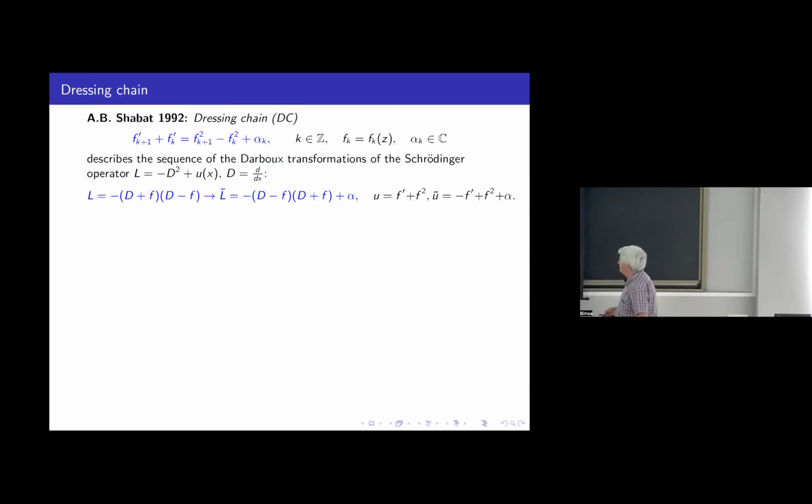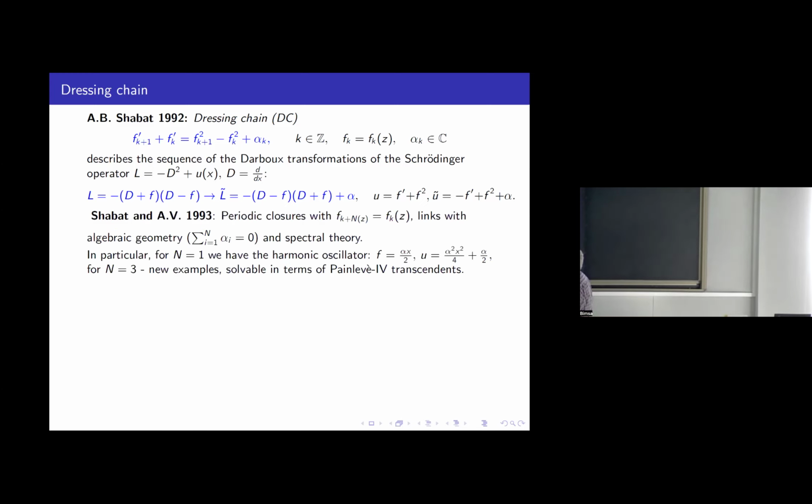Shabat considered an infinite sequence of these transformations, and this is what we call the dressing chain. It is an infinite sequence of first order ODEs. And he found some interesting applications in spectral theory.